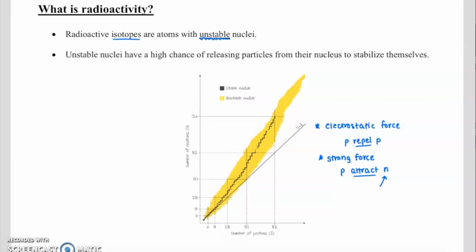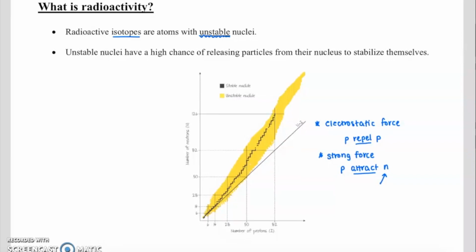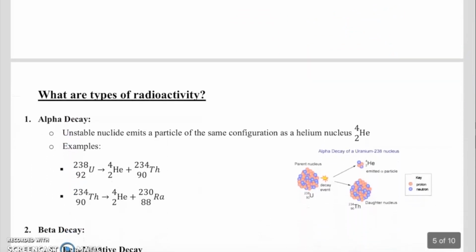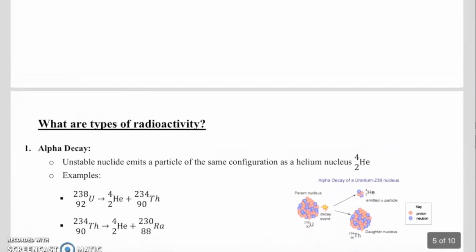Now, there are some different types of radioactivity that we're going to talk about. We're going to focus on 4 different types of radioactivity. The first one is going to be alpha decay. This is when you have that unstable nucleus, and it's going to emit a particle, but that particle that's getting emitted is going to have the same configuration as a helium nucleus.